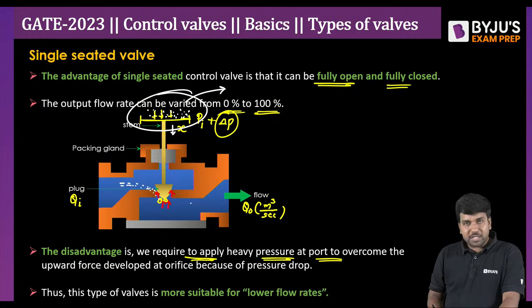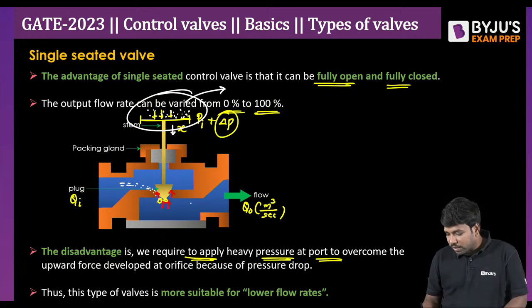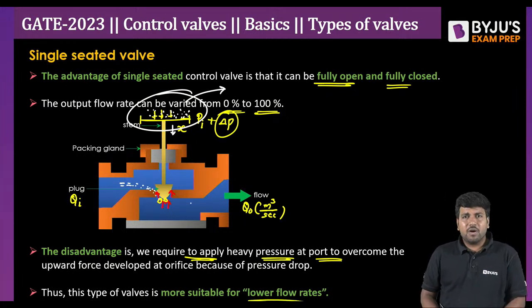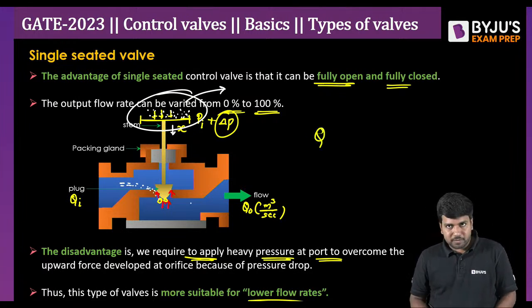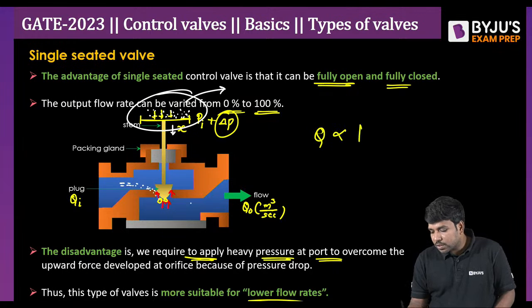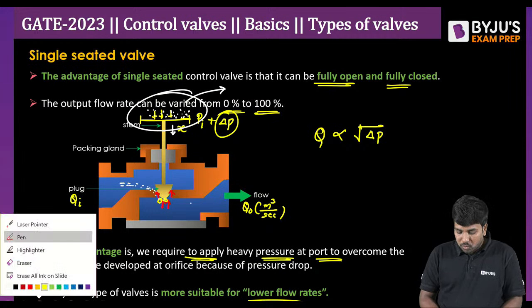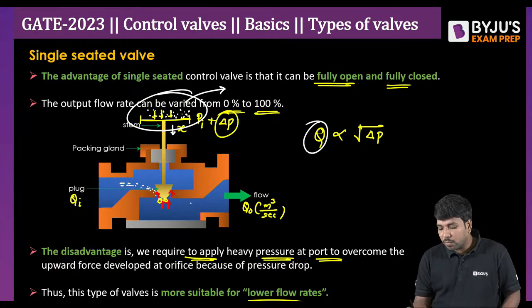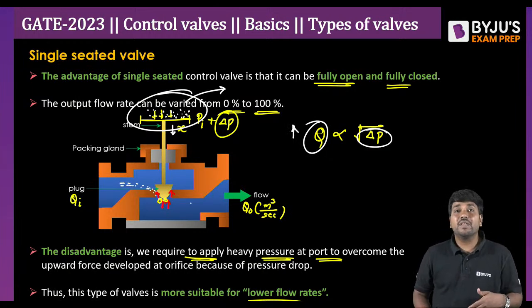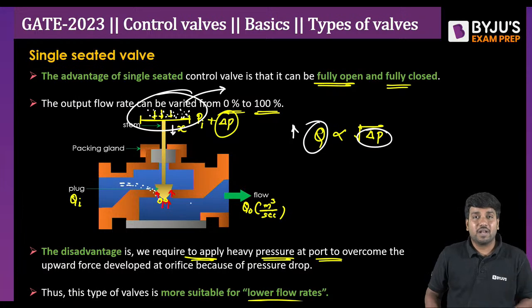As I said, this type of control valve is especially suited only for lower flow rates. Why only for lower flow rates? Have you seen that generally the flow rate Q is directly proportional to the square root of the differential pressure delta P? Correct? So if you want to measure a heavier flow rate, then obviously we have to keep delta P very high.